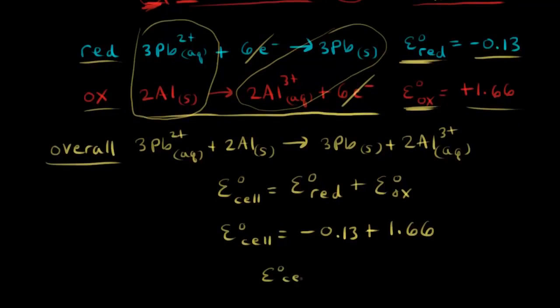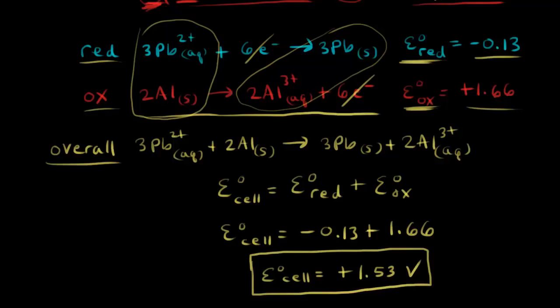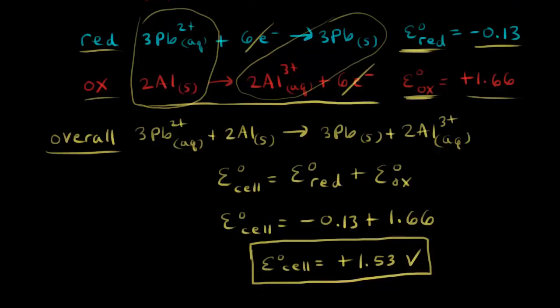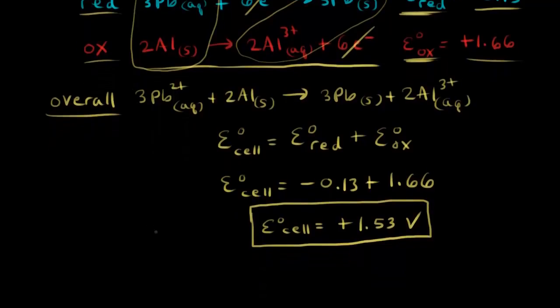So the standard cell potential is positive 1.53 volts. Remember, when your cell potential is positive, that means a spontaneous reaction. So this is a spontaneous reaction, which is what we predicted.